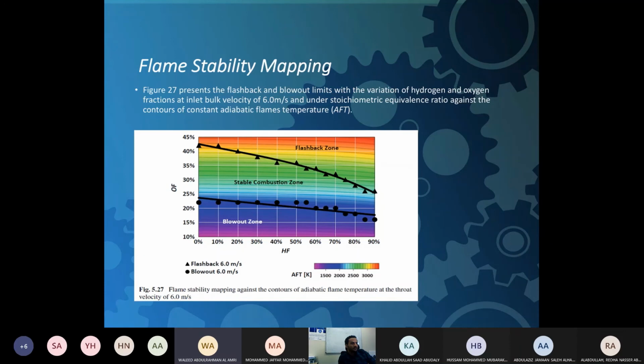So the stability limits show no obvious association with hydrogen fraction, and the flashback reduces from 45% oxygen fraction with pure methane combustion to 25% oxygen fraction at 90% hydrogen fraction. So go to the next slide.